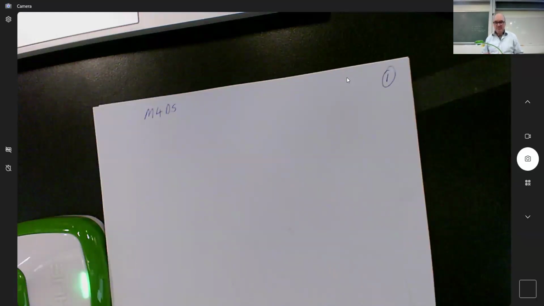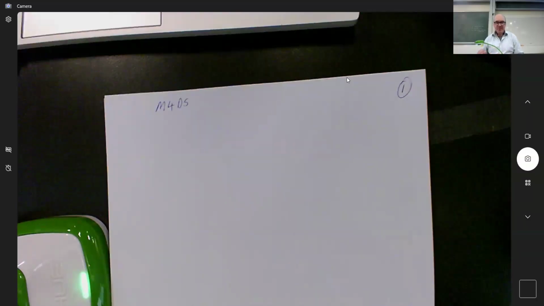Sweet. The lag on that is going to get really irritating. That should work a little bit more.